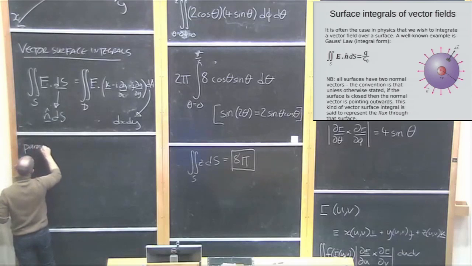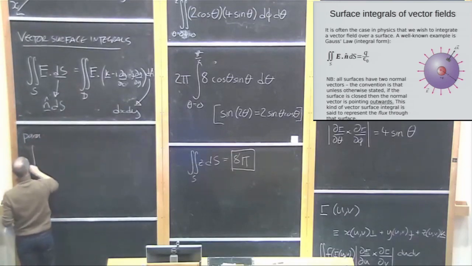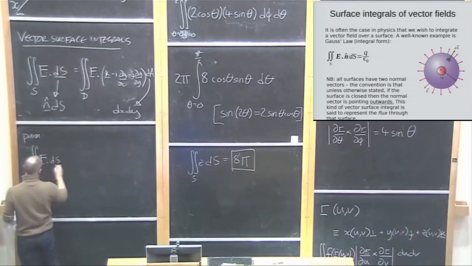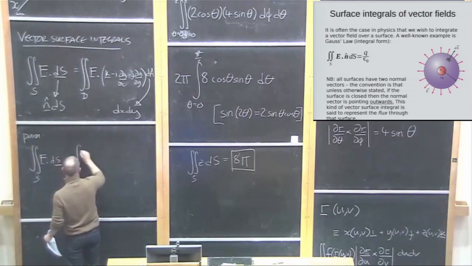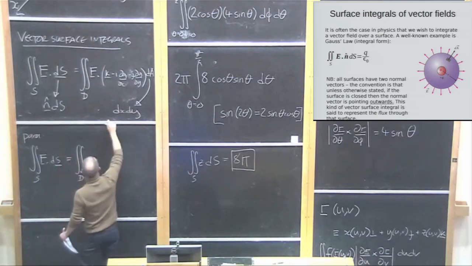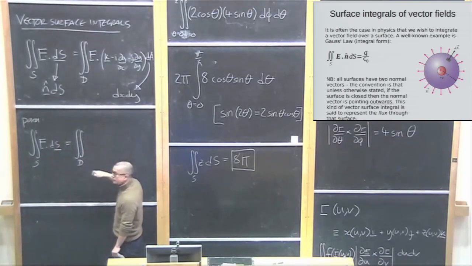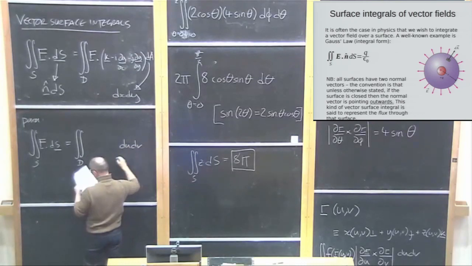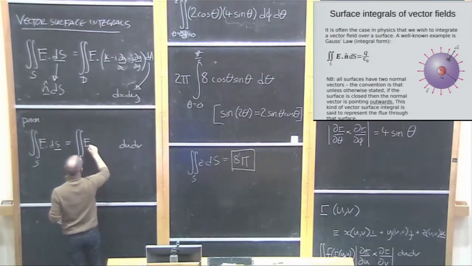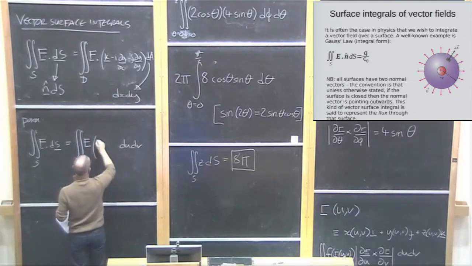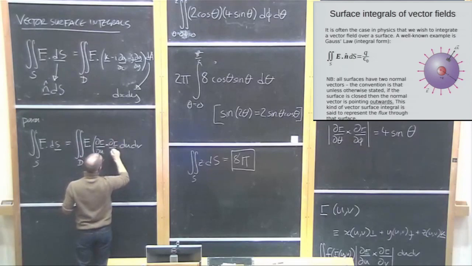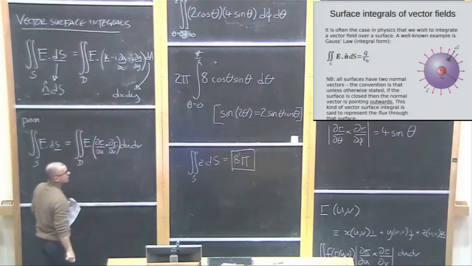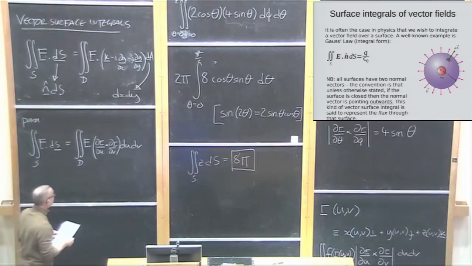Similarly, that's the non-parametric case. In the parametric case, your vector surface integral is again given by your surface recast in terms of some parameters, which in this case will be du dv, and it's the dot product of your vector field with the cross product of two vectors which lie in the plane of the surface.